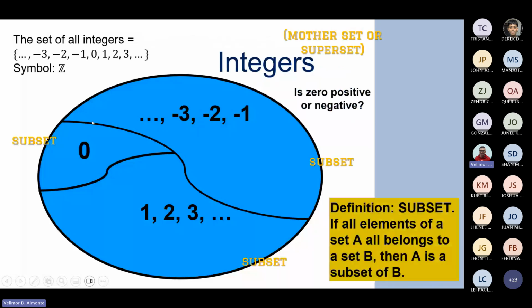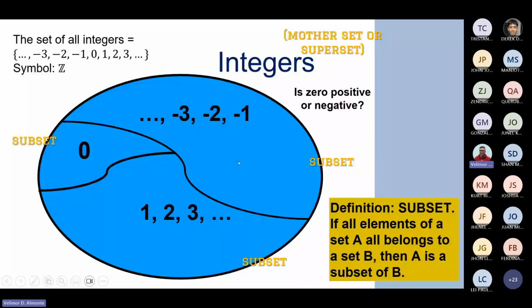Okay, next. Going further into the concept of integers, we have the idea of subset. If all elements of a set can be found in a mother set or superset, this set is referred to as a subset. So it's a subset of the bigger set. I have here three subsets.